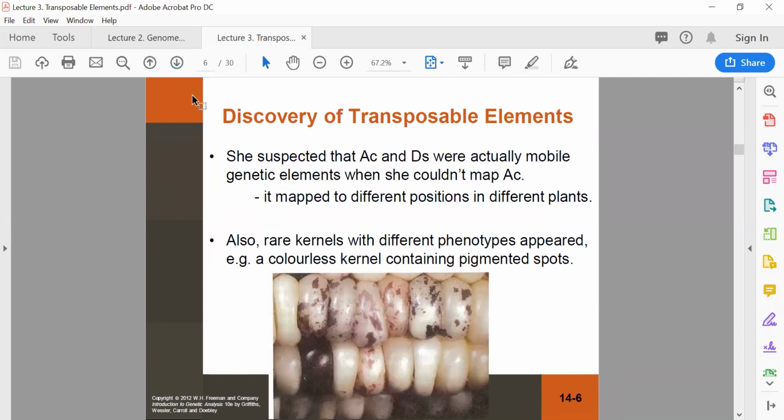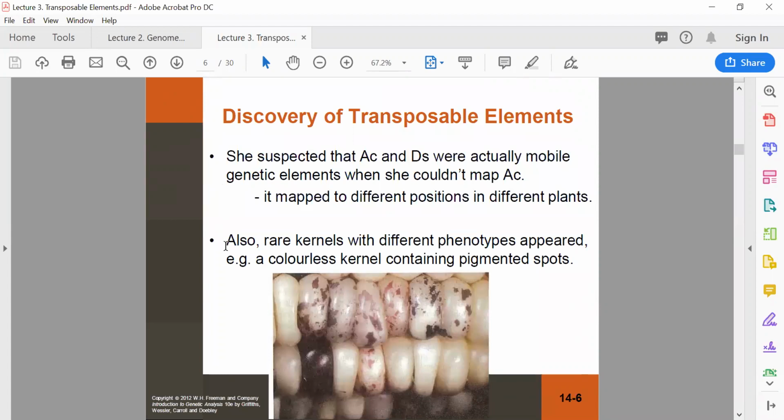All right, so Barbara McClintock suspected that AC and DS were actually mobile genetic elements, and she suspected this when she couldn't actually map AC. That is, in some plants, she identified the location of the AC to one locus, while in other plants of the same line, the AC element mapped to different positions in the chromosome or in another chromosome.